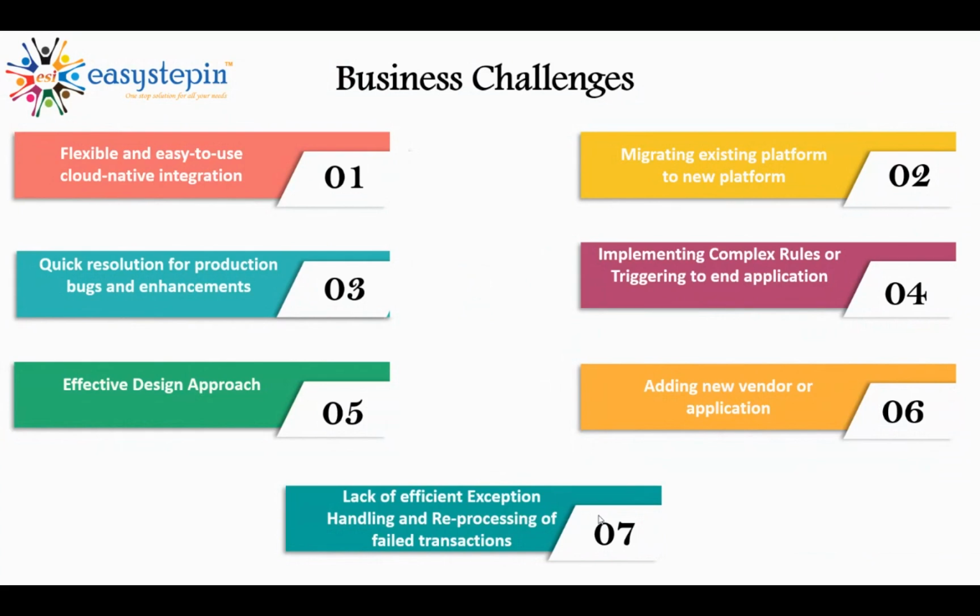They also needed implementation of complex rules and triggering to some end applications, an effective and reusable design approach, easy integrations between multiple endpoints, and the ability to add a new vendor or application.